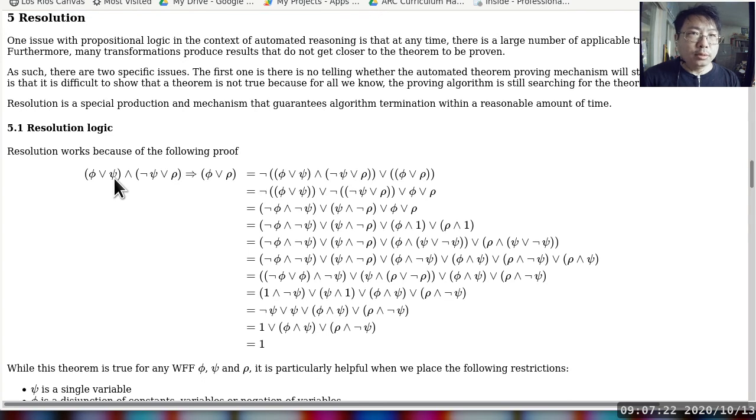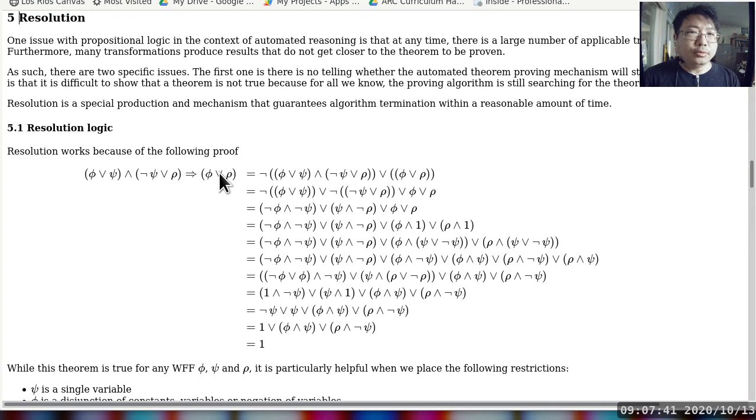Not exactly cancel out, but they act as a connector, so that the psi and not psi part is out, and you're only left with phi and rho in the disjunction.